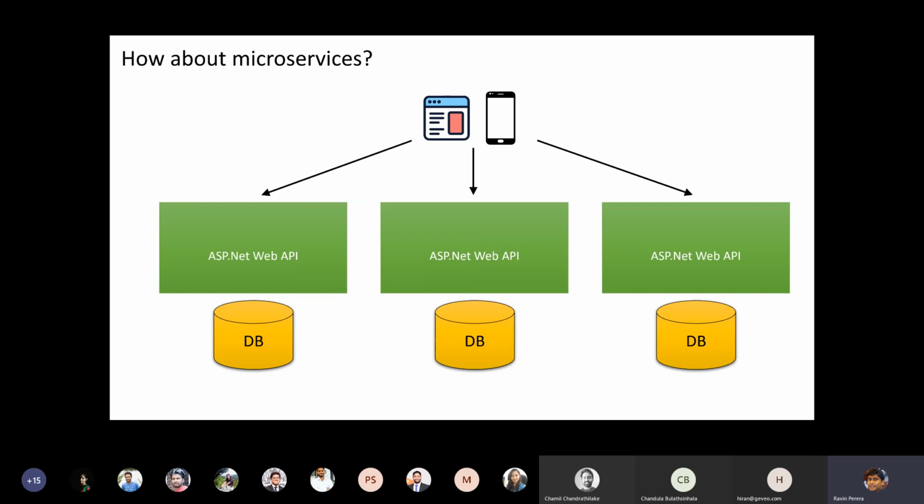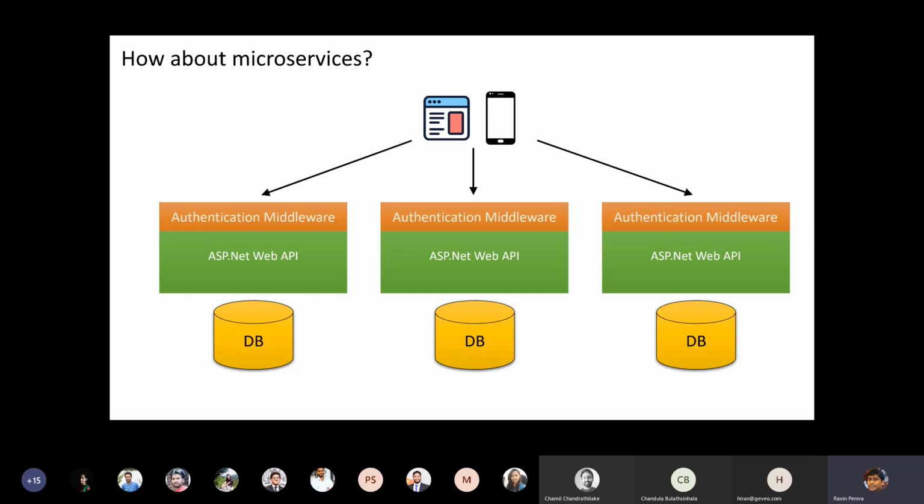Can anyone give any ideas? Now, Chamil mentioned user management using ASP.NET Identity. Where would we do the user management with ASP.NET Identity in this kind of a scenario? I think it would be a different authentication service to represent all these applications. Exactly. Cool. I think you are completing my presentation, so that's really good.